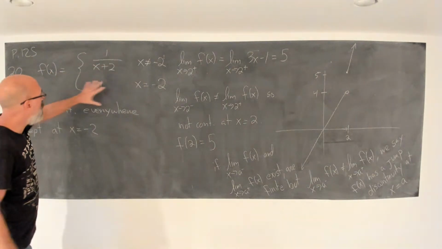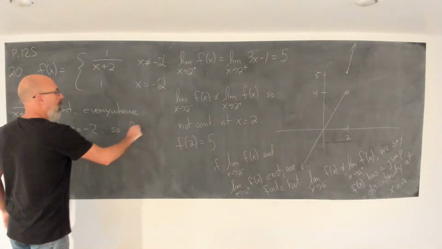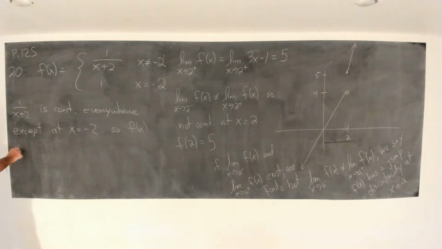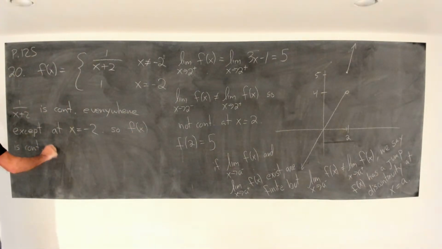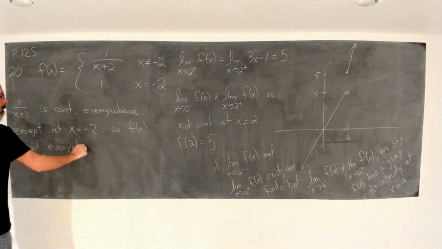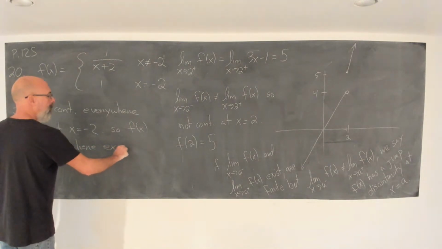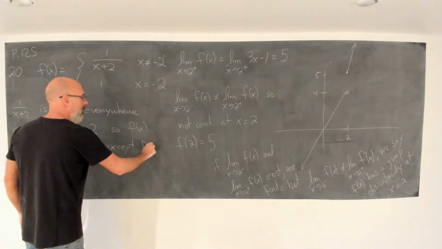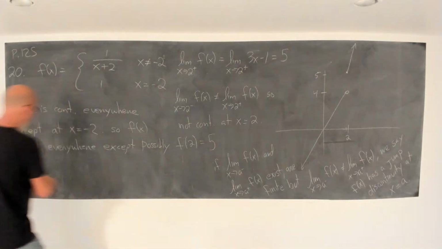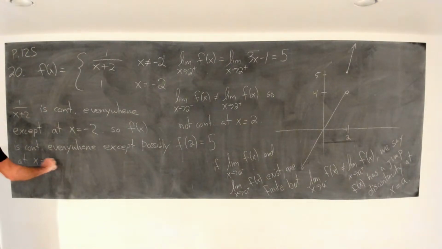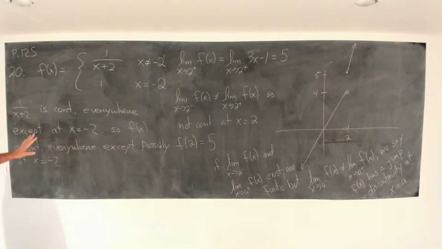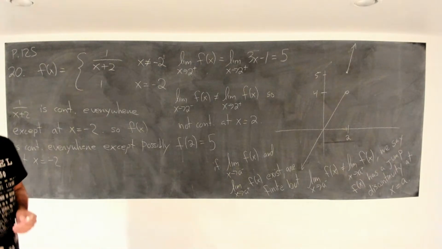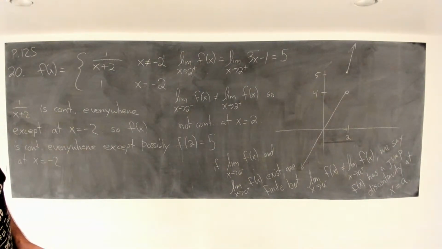So f of x is continuous everywhere except possibly at x equals -2. -2 is the only place you need to worry about continuity.